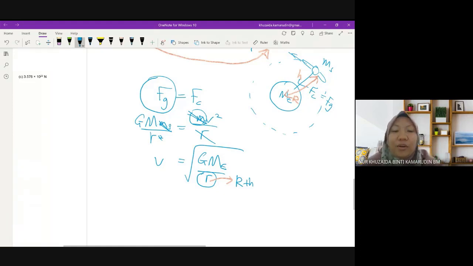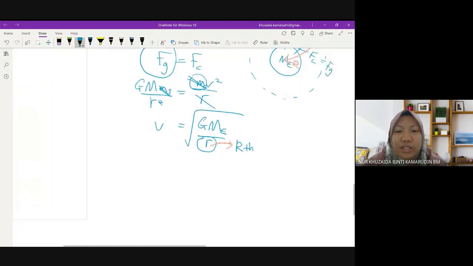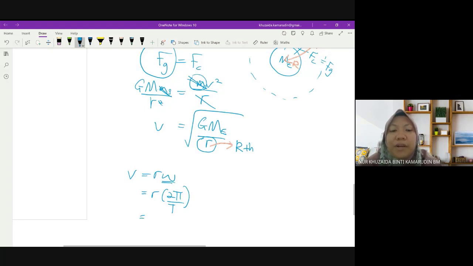Okay, so now daripada equation velocity ni, di sini kita boleh derive equation untuk period. So macam mana nak derive? So before this kita belajar dalam chapter 6. Okay, we have equation V equals to R omega. Okay, so omega ni pula is equals with 2 pi over T. Okay, T merefer kepada period.